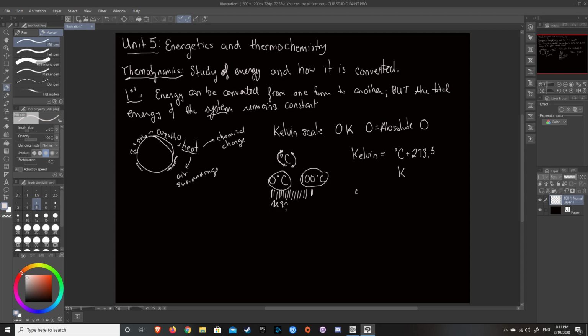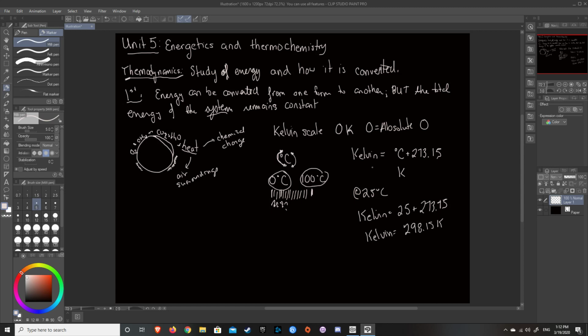So basically, at 25 degrees Celsius, if we were to convert that to Kelvin, you do Kelvin equals 25 plus 273.15, and you come out with Kelvin equal to 298.15 Kelvin. So that's the temperature in Kelvin.